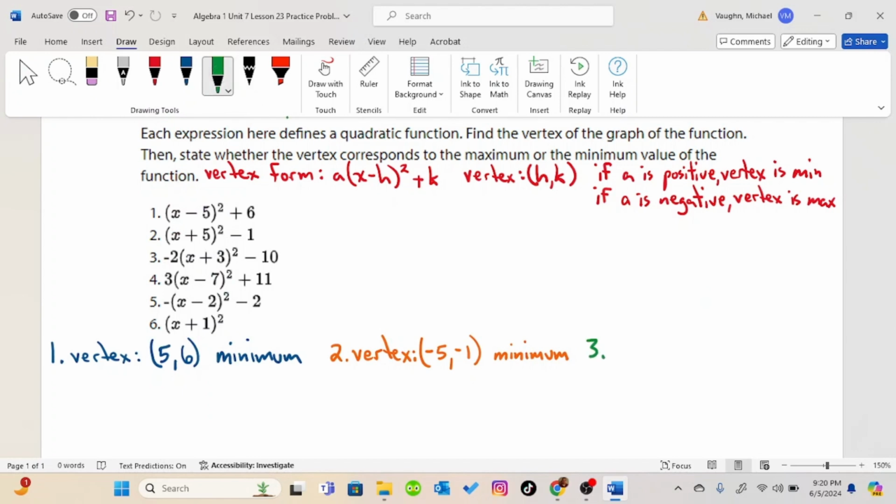Number 3, the vertex is at -3, -10. And because a is negative, this is the maximum. The parabola opens downward from here.